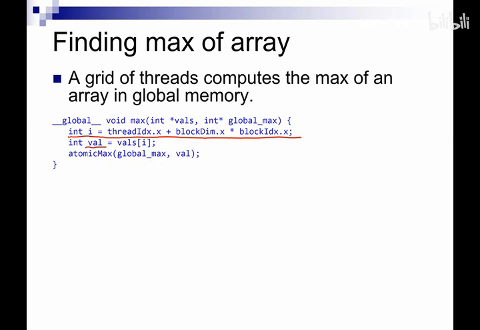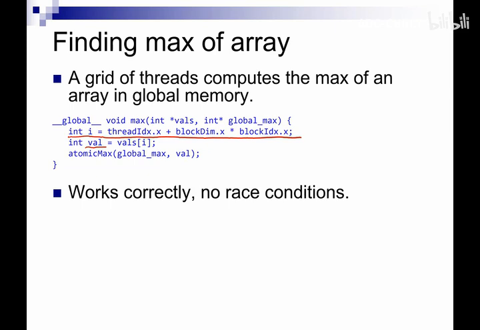The threads are just trying to see if the value they read from the array is larger than the current global maximum. If it is, then the atomic max operation is going to change global max to our current val, and otherwise nothing happens.